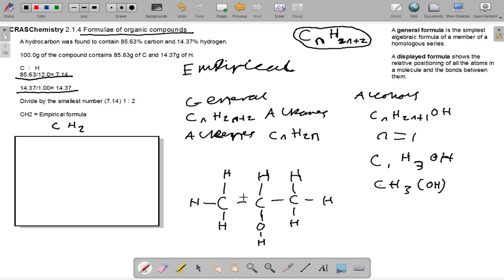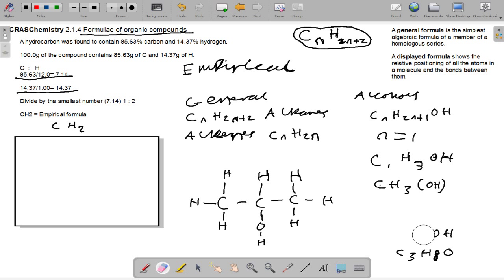So since I know it's going to have 3 carbons and we can stop faffing around, we have H 2 times 3 is 6 plus 1, so this will be C3H7OH, or alternatively it will be C3H8O if I was going to write it the other way, using a completely simplified formula. So that's how to use general formulas in order to find out what it is.